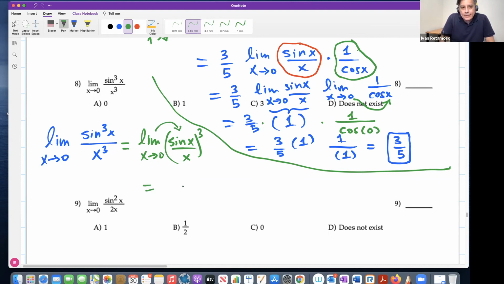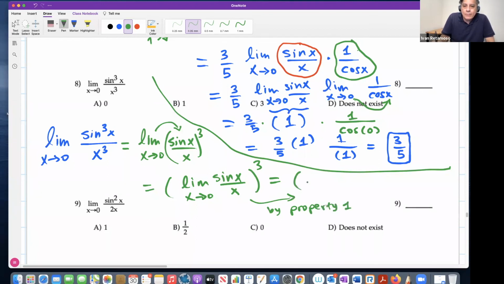So the limit of sine of x over x as x approaches 0, all cubed. This limit, by property 1, is just 1. 1 cubed is just 1. Final answer. That was for number 8.